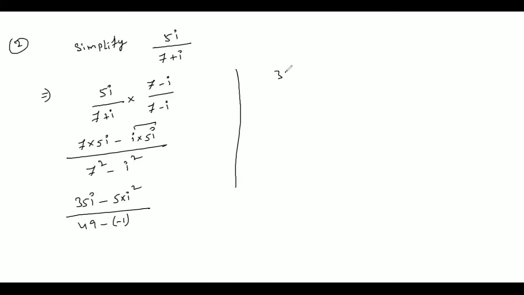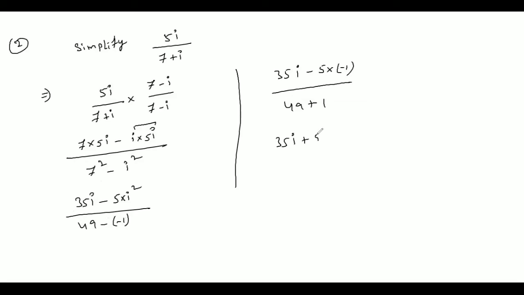Again this can be written as (35i - 5(-1))/(49 + 1). Minus of minus is plus 1.